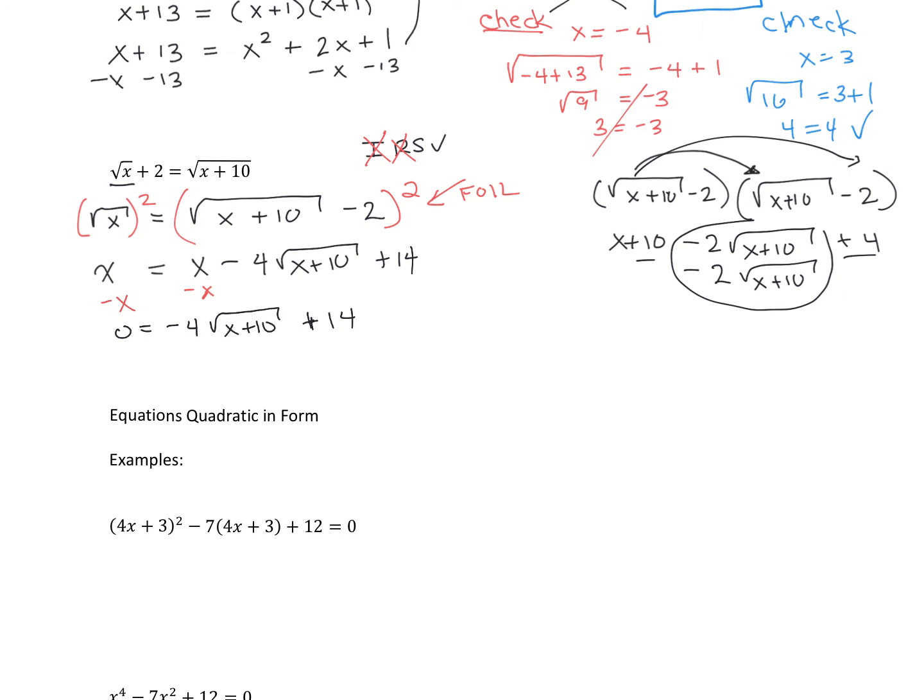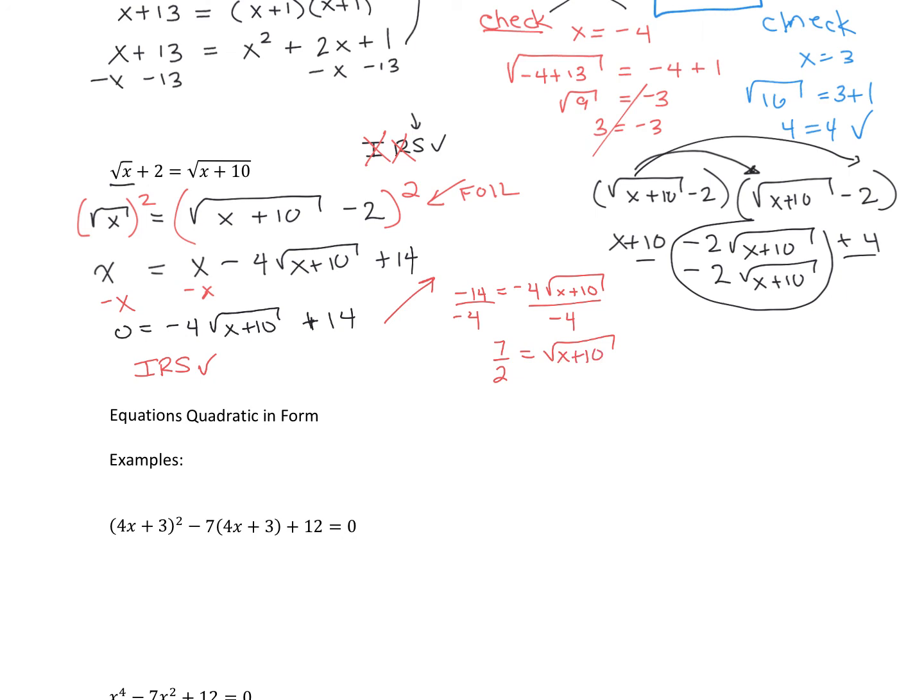So we were in the solving stage right here, but we still have a radical. So we have to isolate, raise, and solve again. So let's do that here. We're going to subtract 14, negative 4 root x plus 10, and then we'll divide through by negative 4, and we'll get 7/2 equals root x plus 10.